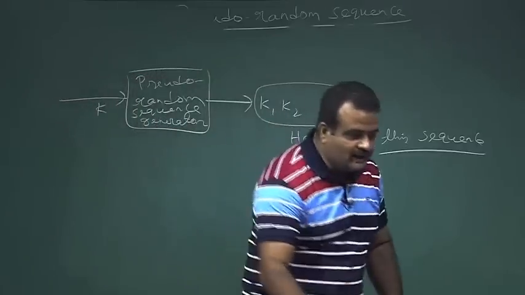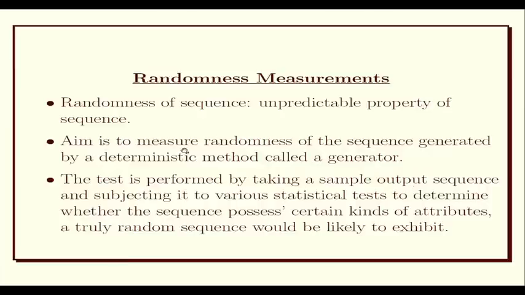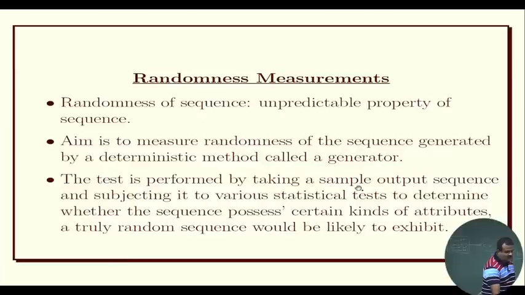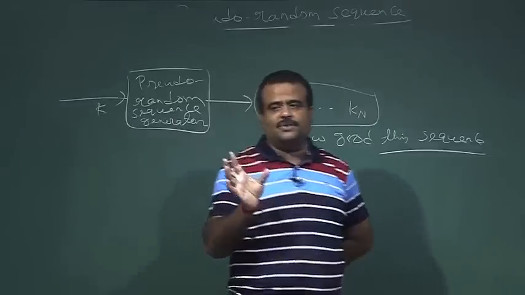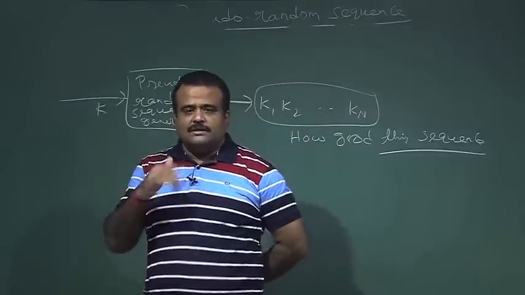We will do the randomness measurement on this sequence. Randomness means the unpredictable property of the sequence. Our aim is to measure the randomness of a sequence generated by a deterministic method, which is called a pseudo random bit generator. So, we need to perform some tests by taking a sample output of the sequence. Basically, we take a period of the sequence and then we run those tests.